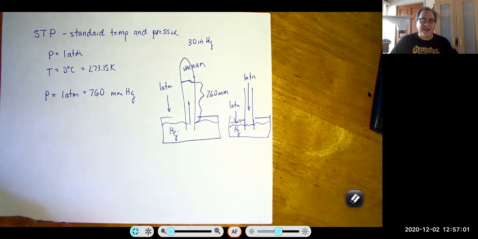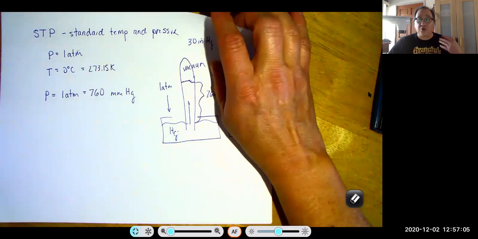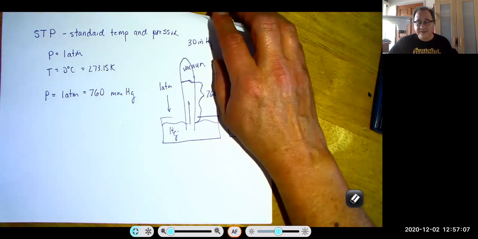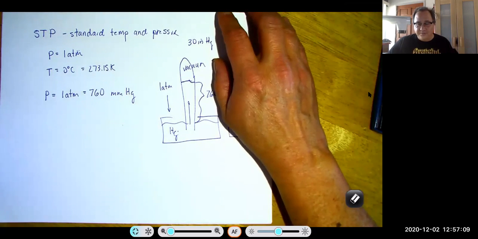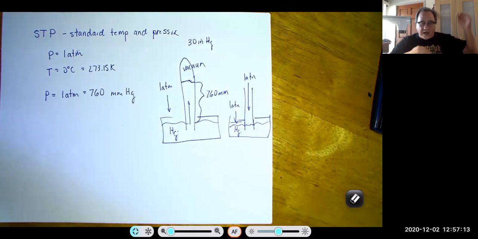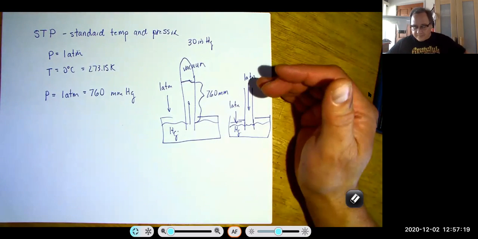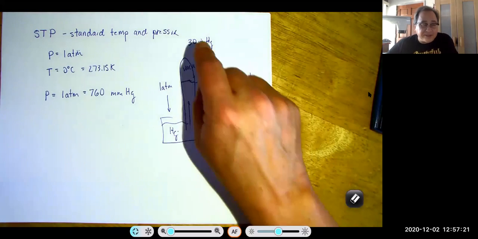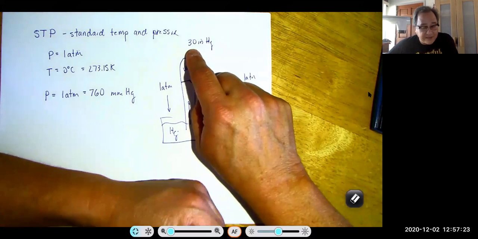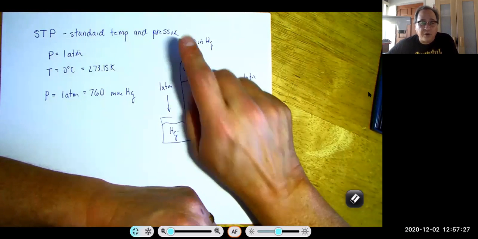So when they say, hey, it's 30 inches of mercury in Denver, what they really mean is that it's a normal pressure in Denver and 30 inches is normal. Whereas if they change the number depending on what altitude you're at, people will get confused all the time. The reason they try to avoid that confusion is because most people in the business or who've taken a chemistry class know that when you have 30 inches of mercury, that's normal pressure.